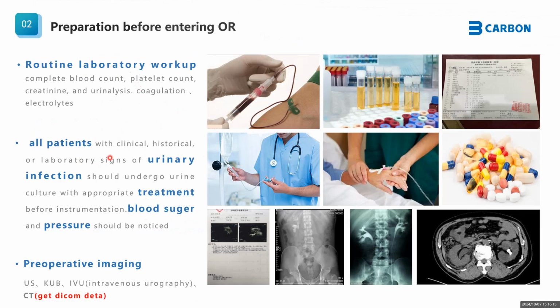And all patients with clinical, historical or laboratory signs of urinary infection, we have to control first. Then arrange the operation, and the blood pressure or the blood sugar should be controlled well before the operation.